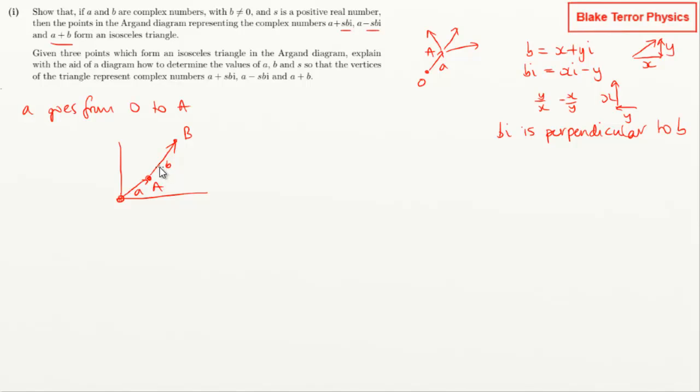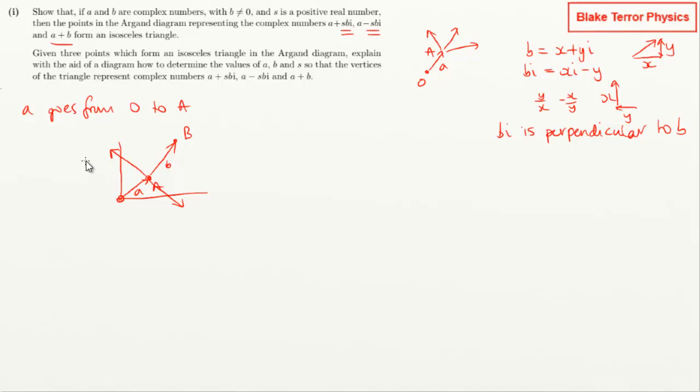Okay, and then we've got 2 equal and opposite vectors, plus SBi and minus SBi, which are perpendicular to B. So we'll have that going off one way and that going off the other way. They could be either way round.